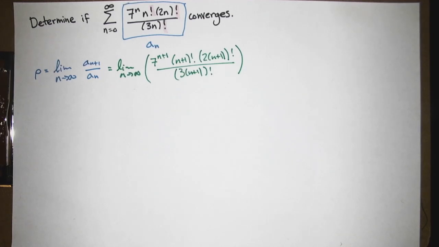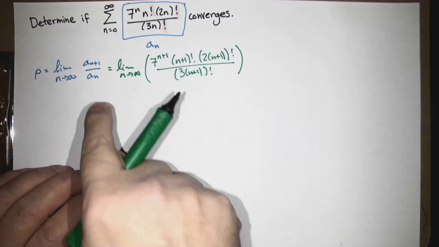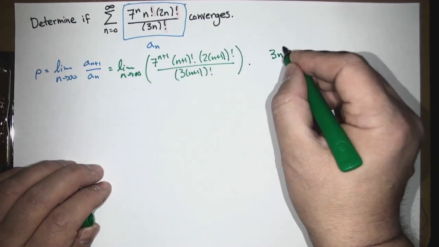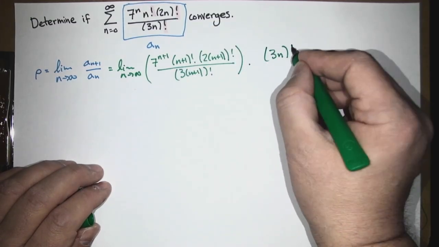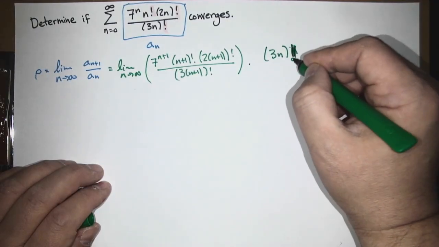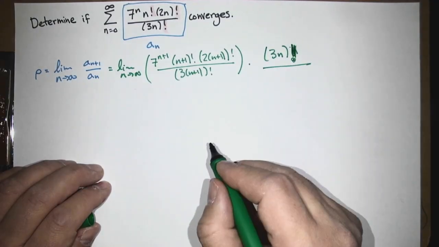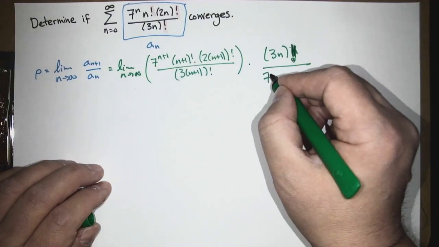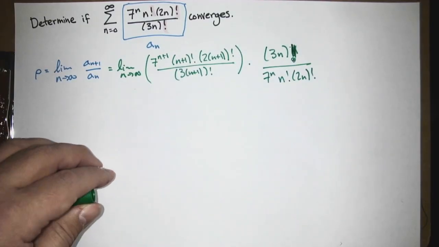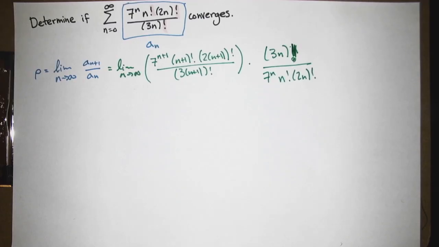And then divide by a n, multiply by the reciprocal. 3n factorial, 7 to the n, n factorial, 2n factorial. Whoops, I don't know why I put that there. It's a very big factorial. So there's the limit we need to take.